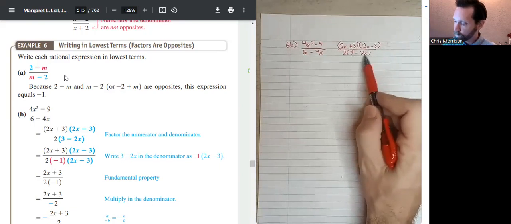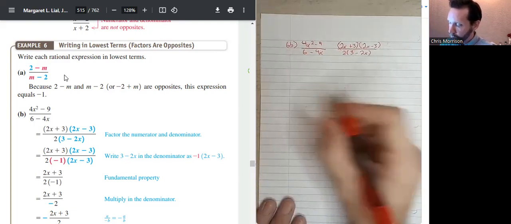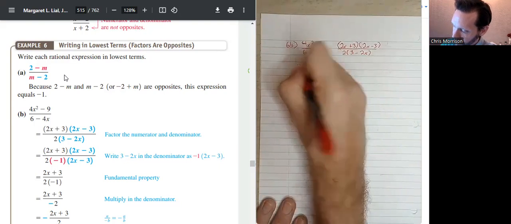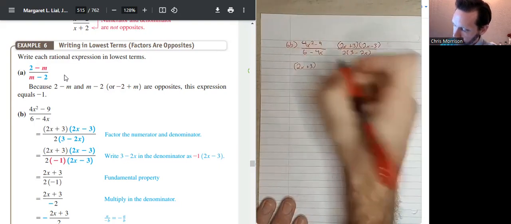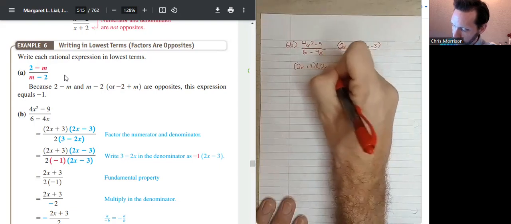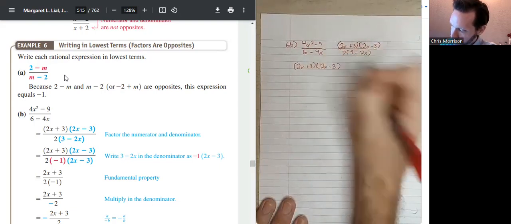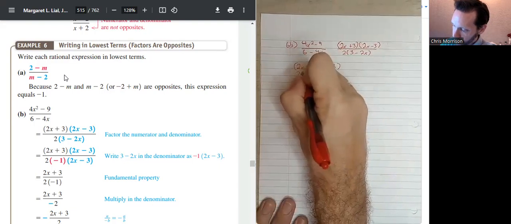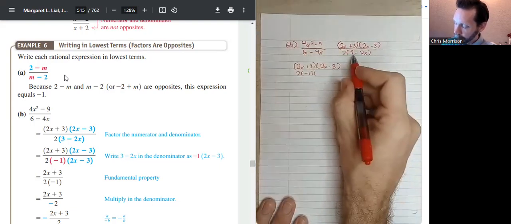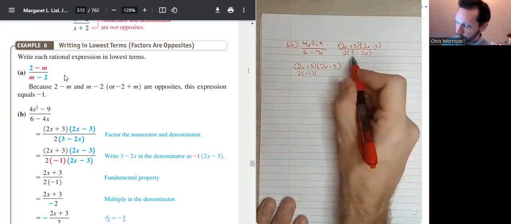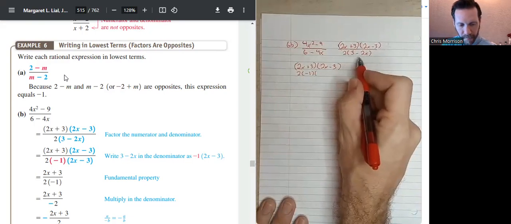So if I were to factor out that negative 1, we can rewrite that as 2x plus 3 times 2x minus 3. And then 2 times, we're going to factor out the negative 1 out of 3 minus 2x.